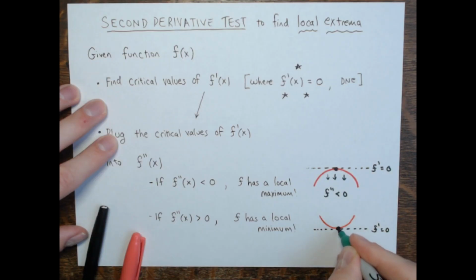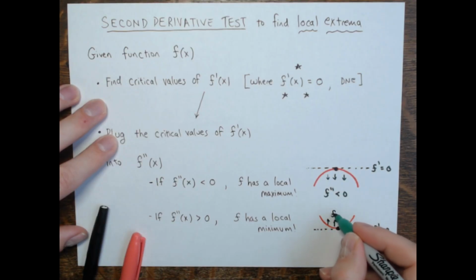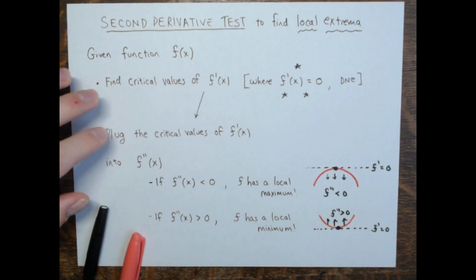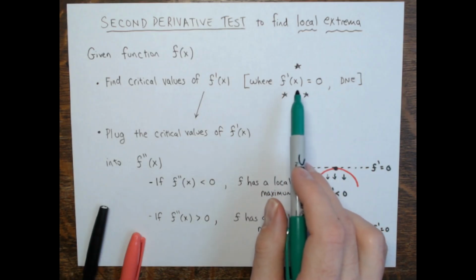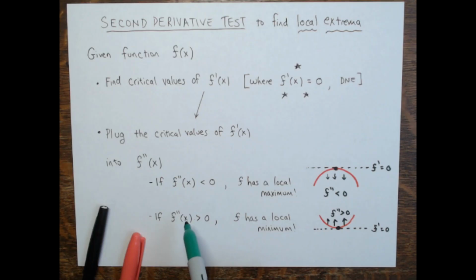You have a critical point there. But you're on a piece of curve that's holding water. It's curling up. So the value of the second derivative is positive. Okay, so you find these critical points, find the place where the derivative is 0, plug it into the second derivative, and if it's a positive value, that means you've got to be at the bottom of a valley. You've got to be at a point where the function has a local minimum value.